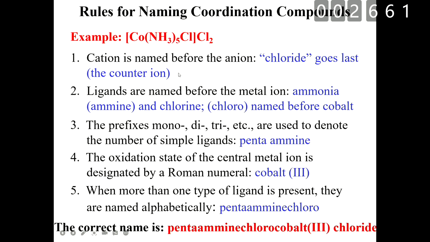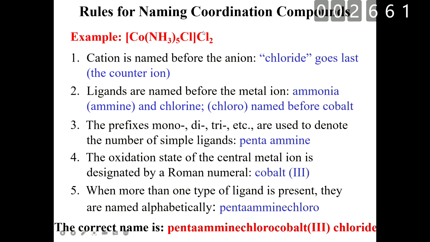Now here to show how to name the coordination compounds. So for example, how to name this compound. Because this compound includes 2 parts, right? One is the complex, the metal complex.